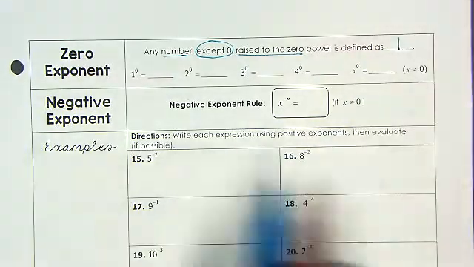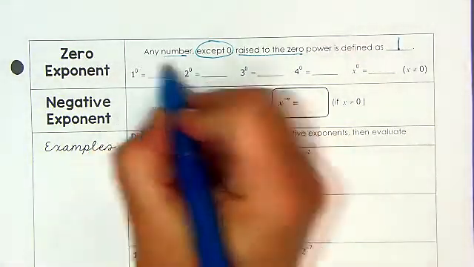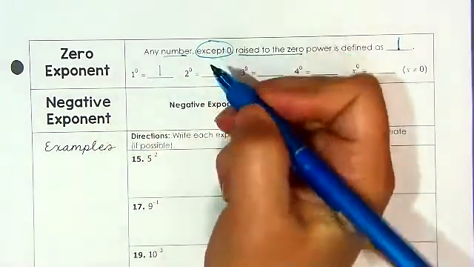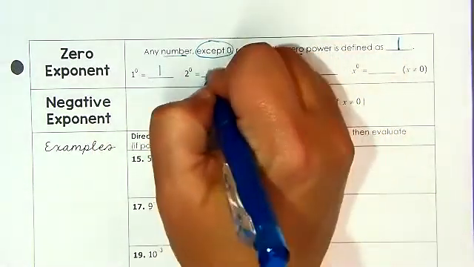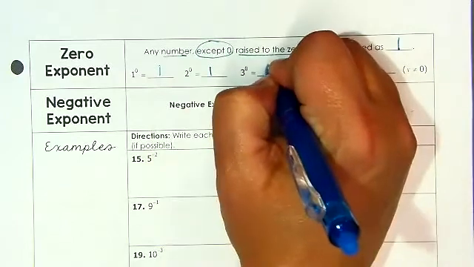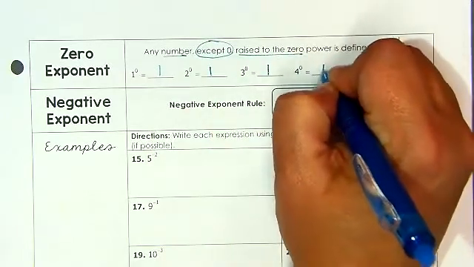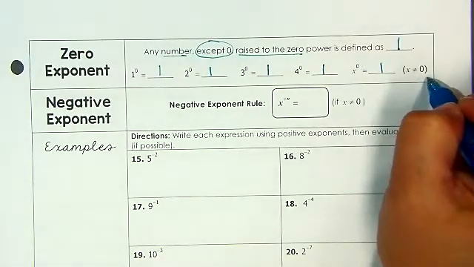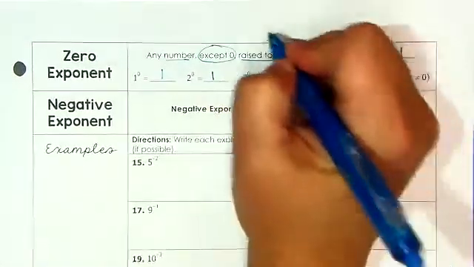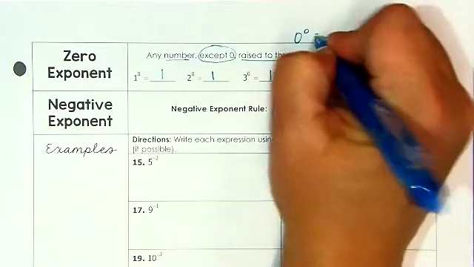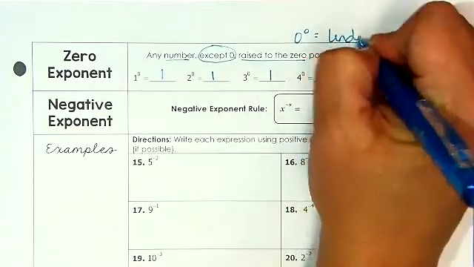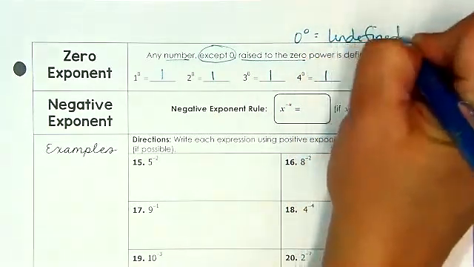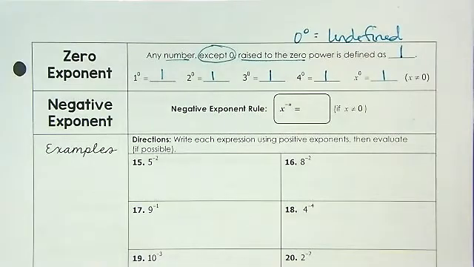It doesn't matter what it is. 1 to the 0 is 1. 2 to the 0 is 1. 3 to the 0 is 1. 4 to the 0 is 1. But x to the 0 is 1. Anything except 0. When we have 0 to the 0, it is called undefined.